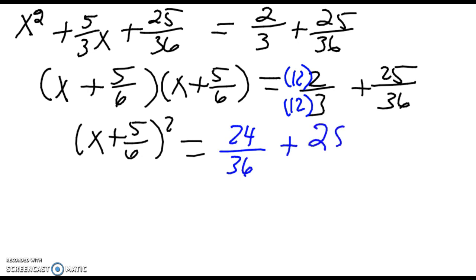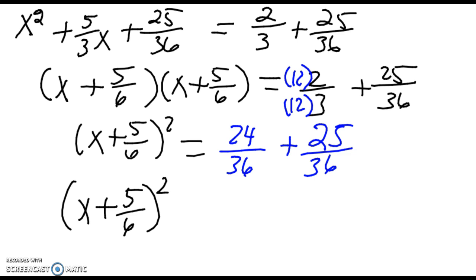So we have 24 plus 25 all over 36. Then we have x plus 5/6 squared.